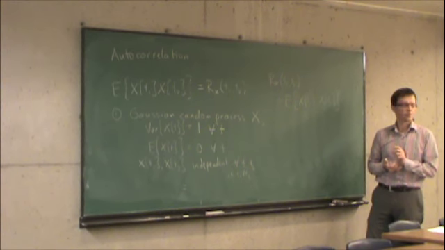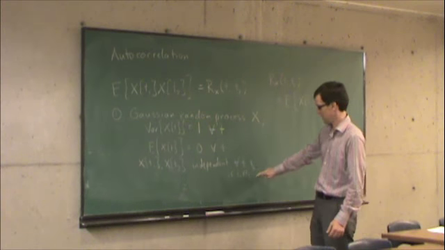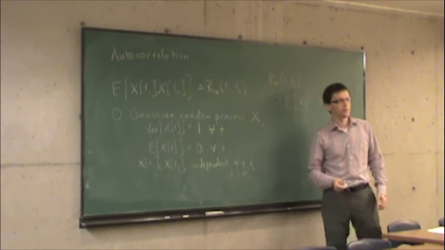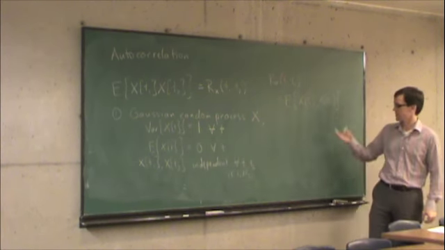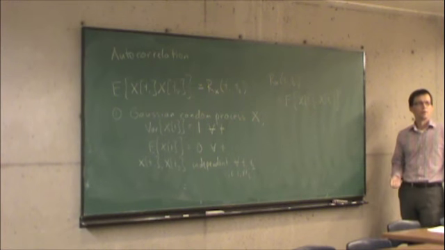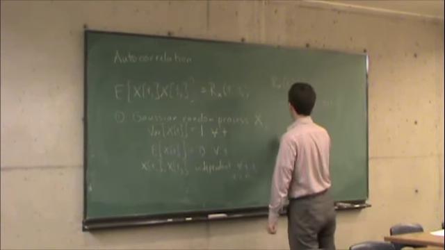Any ideas how to start? So we know that they're independent if t1 is not equal to t2. So we also know that the mean is 0. So what does that suggest about this? Also 0? It's 0, but when? When t1 is equal to t2. That's right.